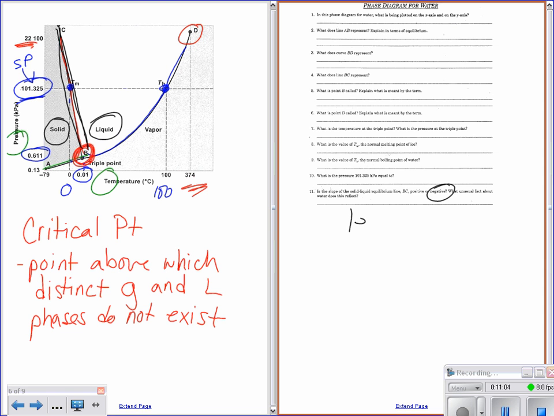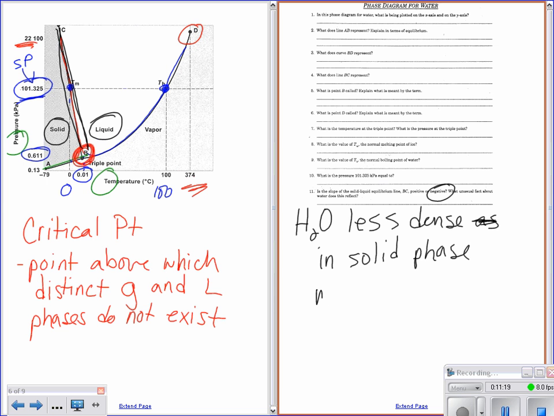So it means H2O is less dense in the solid phase, and maybe you want to expand upon that: more dense in the liquid phase. So most phase diagrams that you look at are not going to have a negative slope right there. Most of them will have a positive slope.